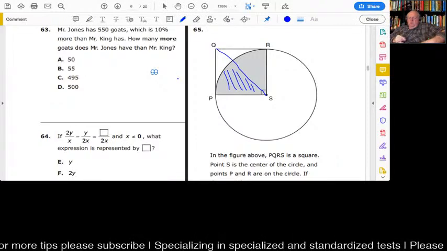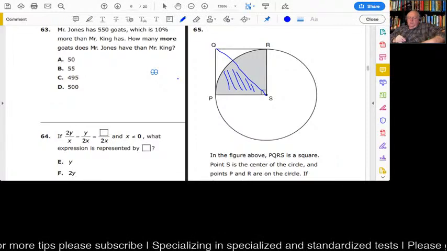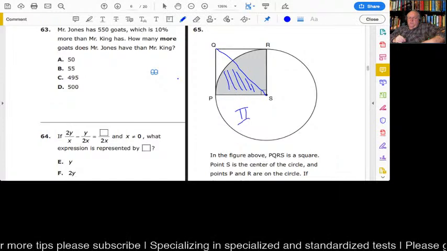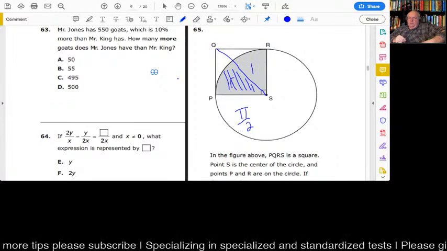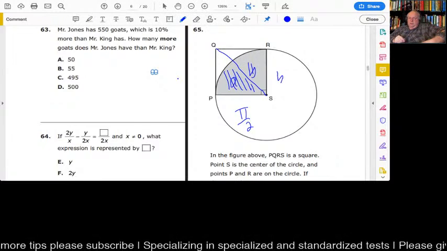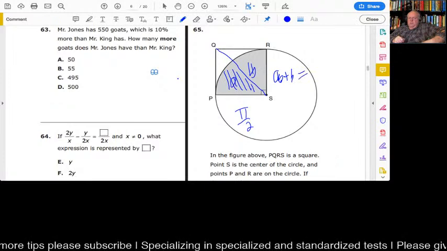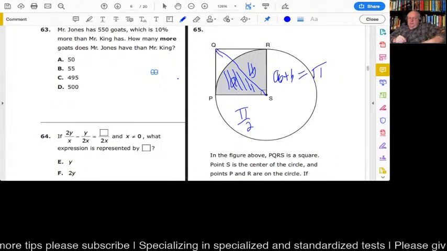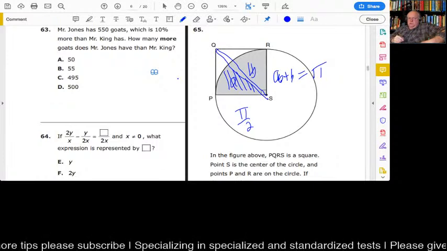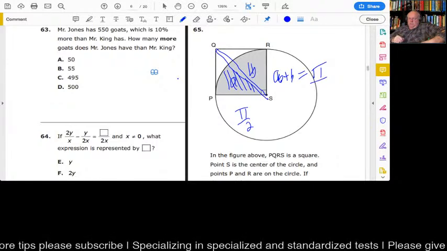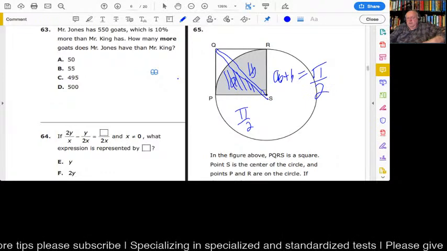Well, we already computed the area of two of them, so wouldn't it be pi over 2? If the area of A plus B was 2 pi, and the diagonal cuts this straight in half, then A and B are congruent shapes. So therefore it would be just pi over 2, right?